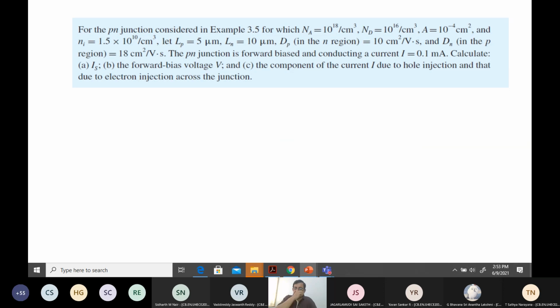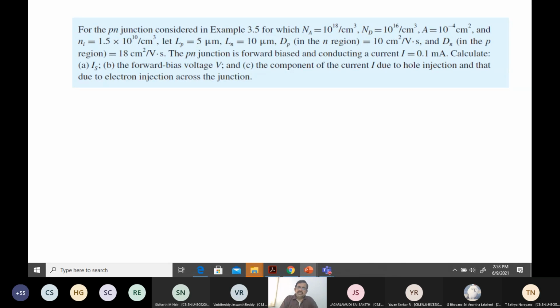Now the last problem, we'll see this. That example is coming again here. Look here: for the PN junction considered in Example 3.5, which we did extensively just now, for which Na is equal to this and the same parameters are given, the diffusion lengths in the P region and the N region are given.